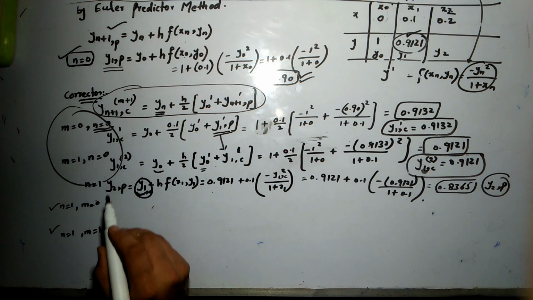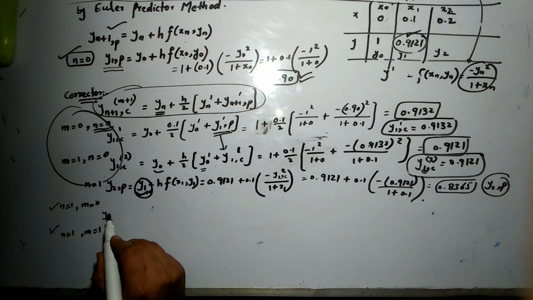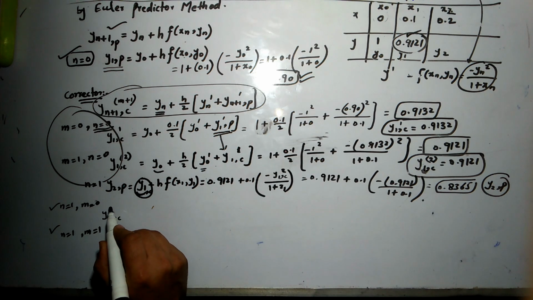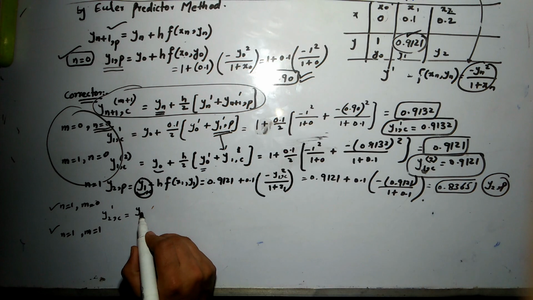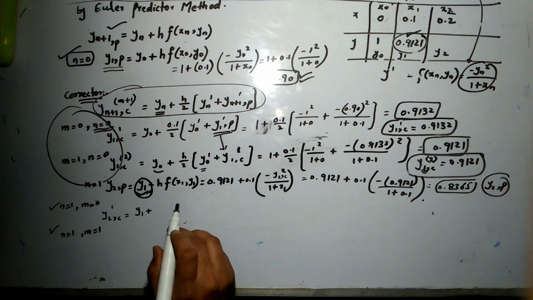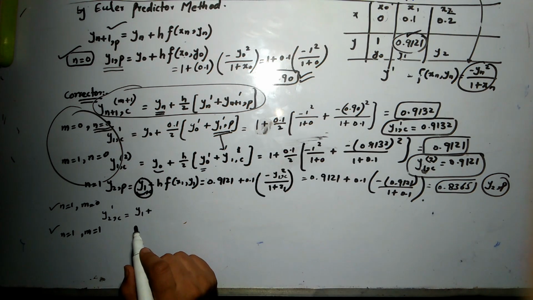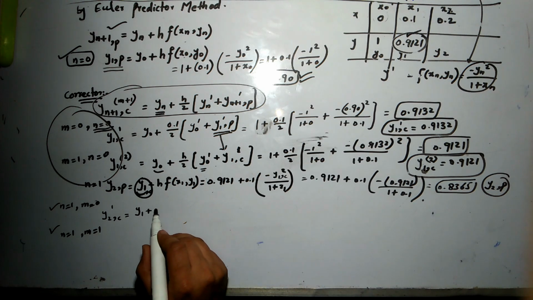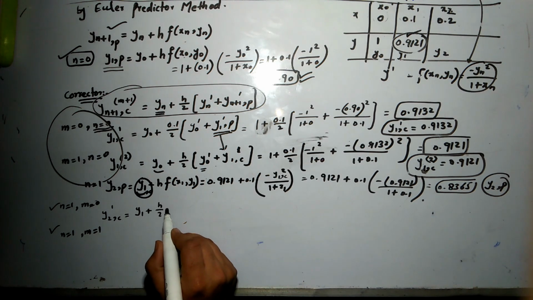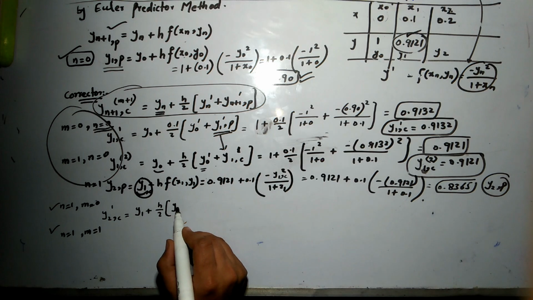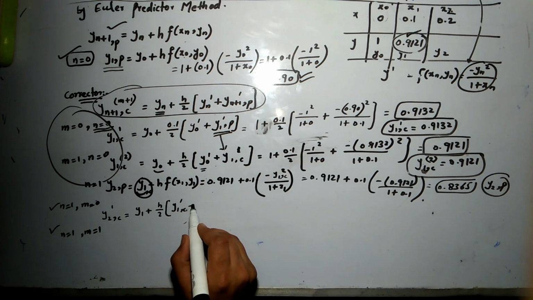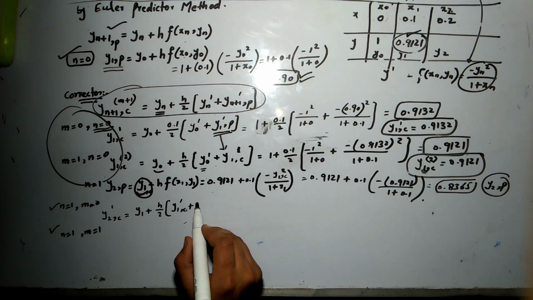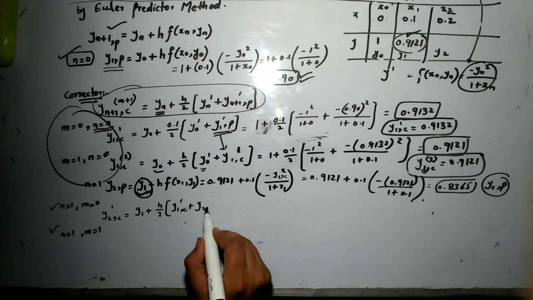So this will become y of 2c1 equal to y of 1c plus h over 2 times y of 1 dash c plus y of 2 p dash.